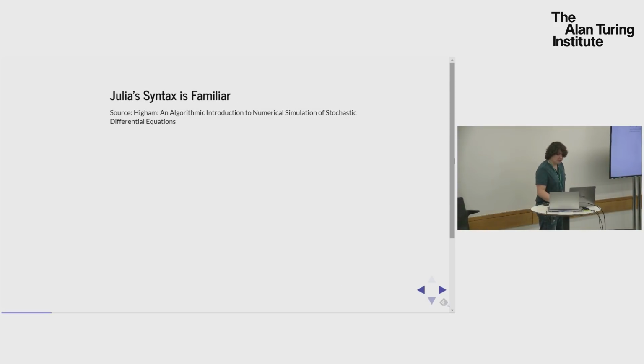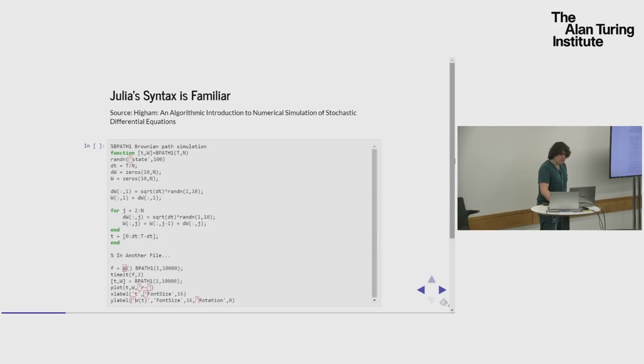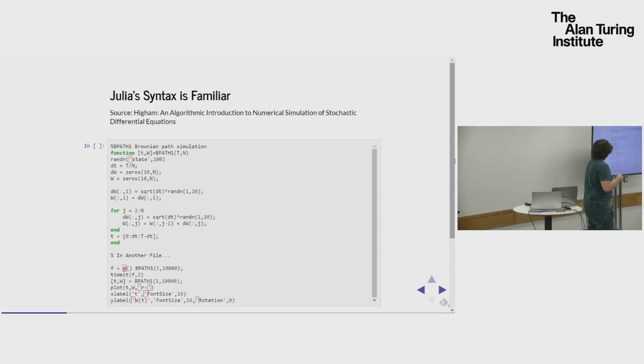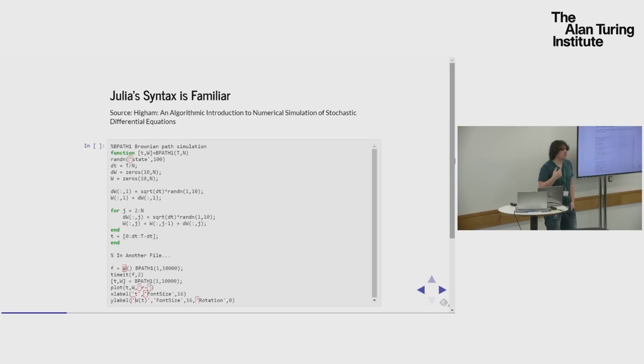The way I like to introduce this is that there's this paper by Desmond Higham, An Introduction to Simulating Stochastic Differential Equation Models. If you look in SIAM Review, this is one of the top papers of SIAM Review. And he gives you this really nice MATLAB code.